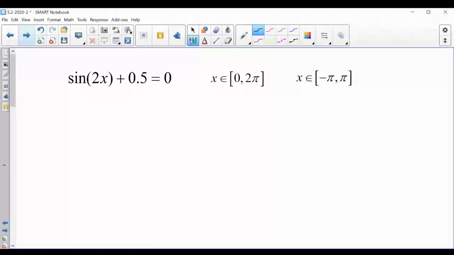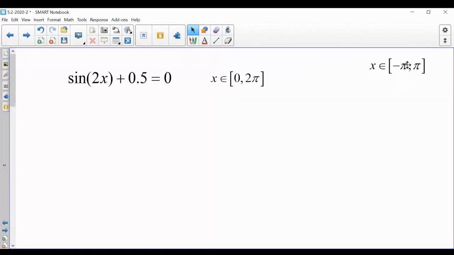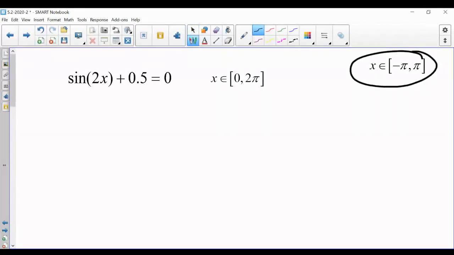I'm going to show you how to tackle something where there's a 2x or a 3x or 4x or any other number like that. And again, in the interest of time, I'm not going to deal with this question of between minus theta and theta. I'm just going to deal with the 0 to 2 pi. We'll just do that one.